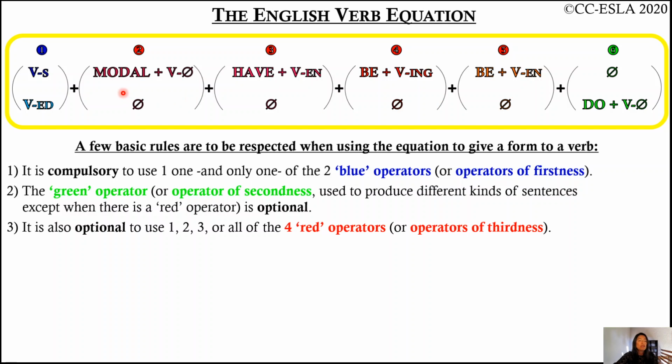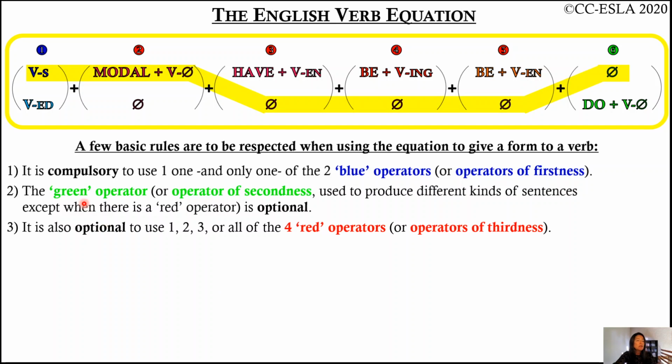So I can choose to use a modal and not the other three, or be plus VING and not the other three. And I can choose to use one, two, three, or all of the four red operators, or operators of thirdness, sorry. Thirdness indeed.